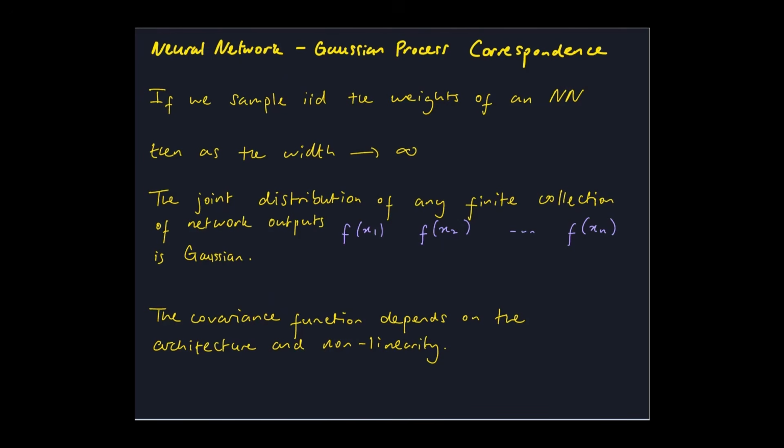So what is the formal claim of the correspondence? It's something like this: if we take a neural network and randomly sample its weights, then so long as the network is very, very, very wide, for any finite collection of inputs, the distribution of outputs is a multivariate Gaussian.